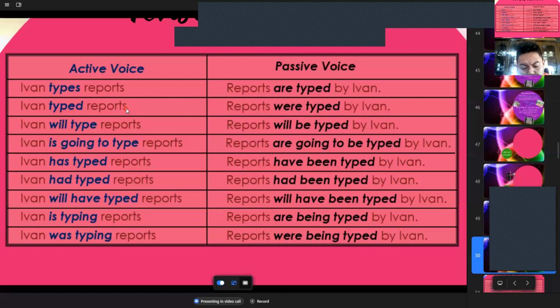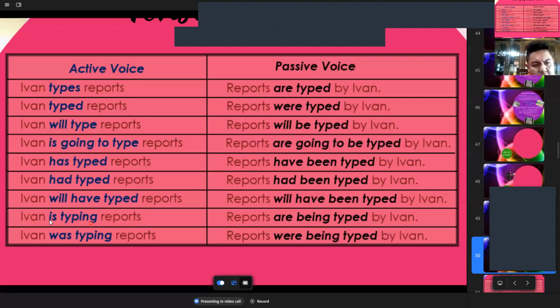So the next one we are going to say is Ivan is typing reports. ¿Qué estructura estamos manejando aquí, Salvador? Escribiendo. Ivan is typing reports. Si acá estoy manejando Ivan types reports, que es presente simple, ¿qué estructura es esta?